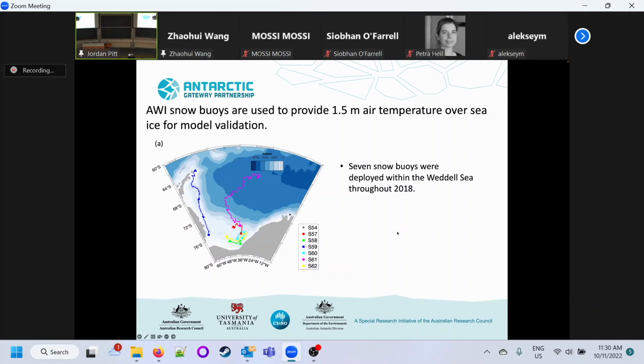In 2018, there were 7 snow buoys deployed at the Weddell Sea. The blue line here is one snow buoy deployed on multi-year ice, 5 other snow buoys were deployed on first year ice, and another one was deployed on an ice shelf.